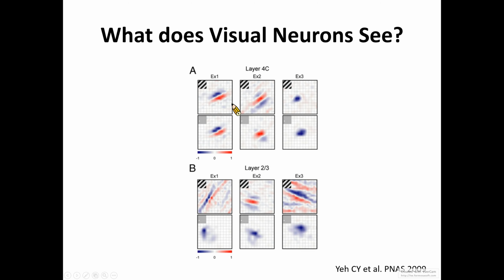For the different layers of neurons, you can see that they see different information. So it's very similar to what we have done in the convolutional neural network, and this is a kind of feature detection map in our brain. The convolutional neural network is actually inspired by this visual research.